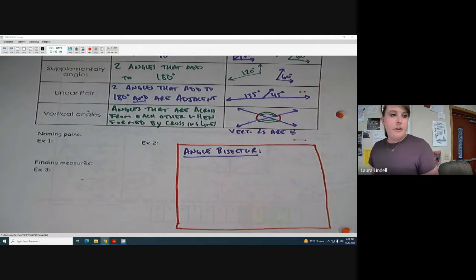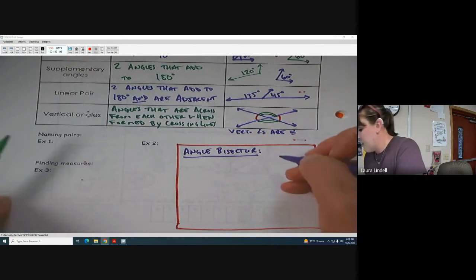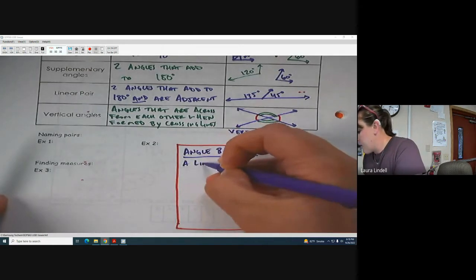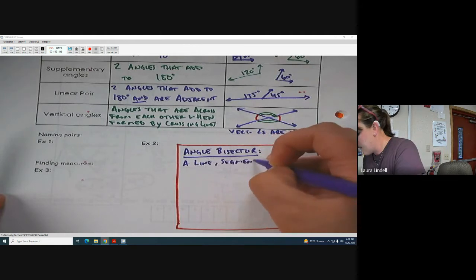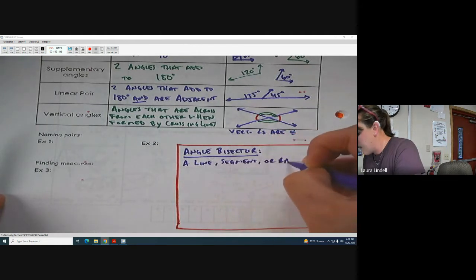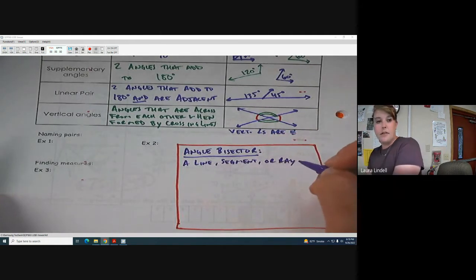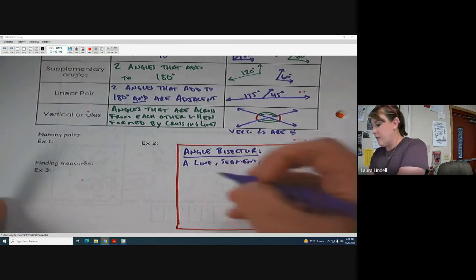Okay, an angle bisector is a line, segment, or ray that divides an angle into two congruent angles.